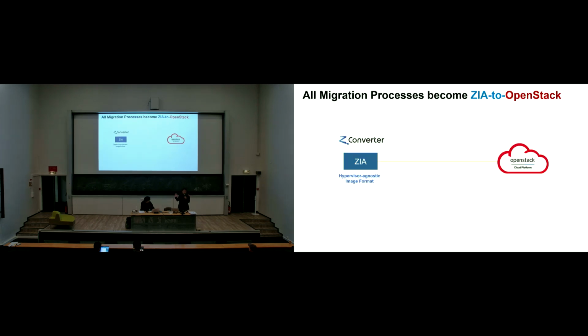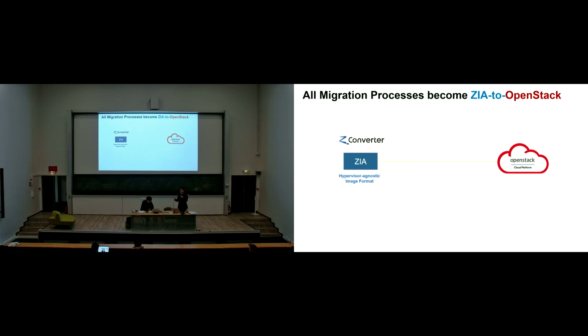All migration processes become ZIA to OpenStack. We tested a ZIA to OpenStack single case. We don't need to test 21,870,000 cases, only one single test, a ZIA to OpenStack thousands of times.